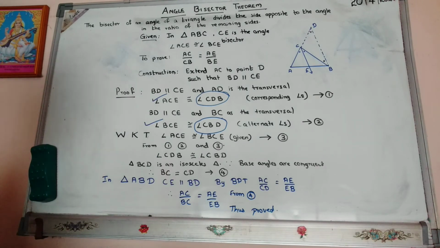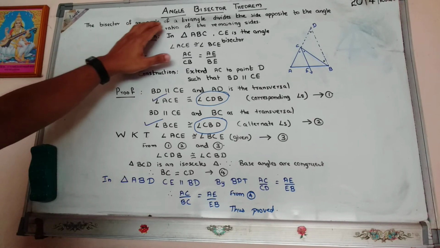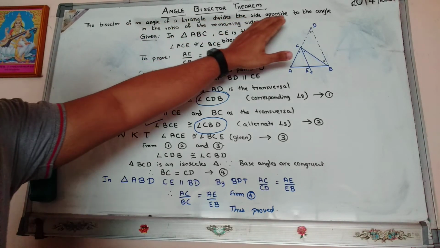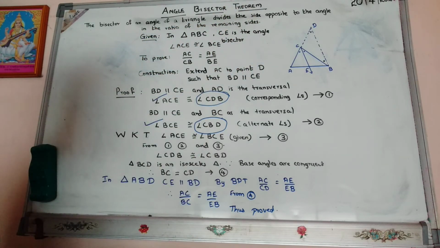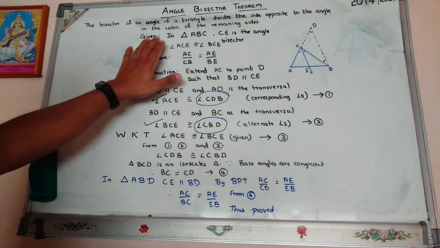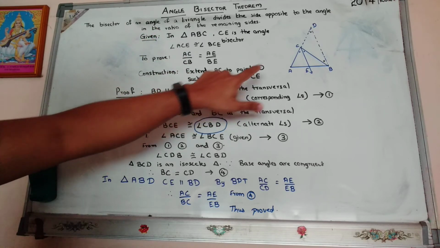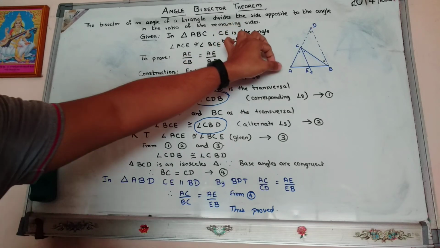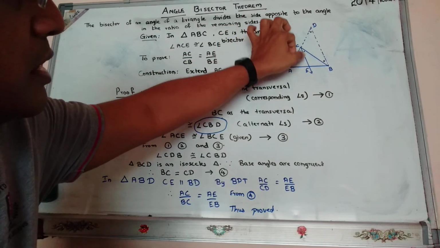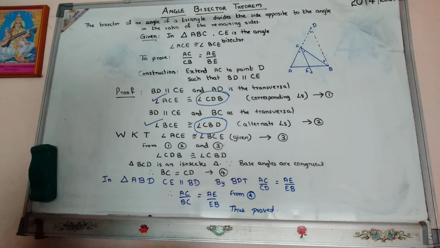This is the angle bisector theorem. We'll just go through it again. First of all, the statement: the bisector of an angle divides the side opposite to the angle in the ratio of the remaining sides. Given: in triangle ABC, CE is the angle bisector. So we know that angle ACE is congruent to BCE, given.